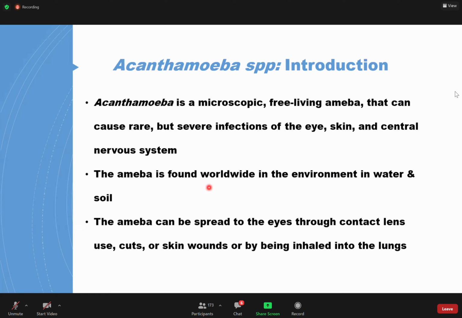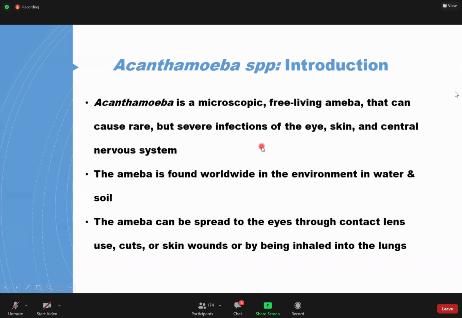So this is an example of a facultative parasite. It can cause rare disease, like I said, but when it does cause infection, it could be severe, and it tends to go for the eyes, the skin, and the central nervous system. The organism is present worldwide, usually in the environment where you have water and muddy soil.